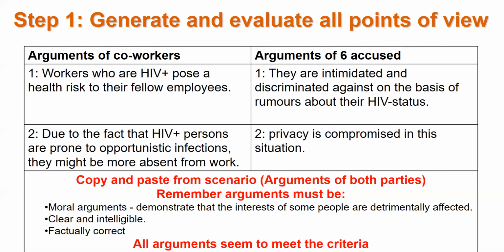Because let's say one day there's another discrimination incident that takes place, it's something that will impact the entire company. And if we can look at it from an early stage, and if we can resolve a problem like this here, in the long term we'd be able to get a number of benefits. So therefore, we can conclude that these are moral arguments from both parties.